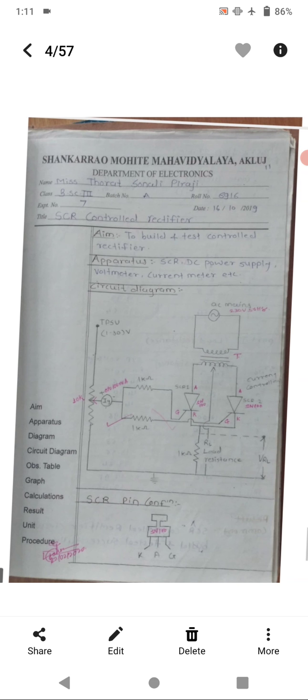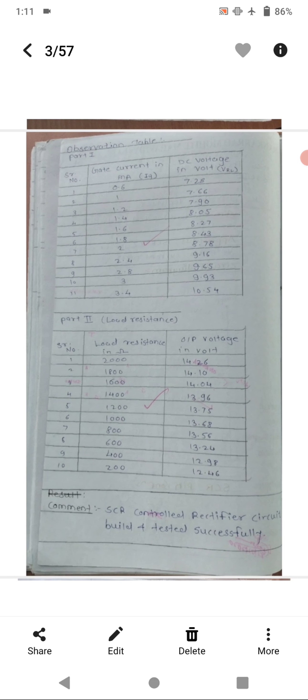In this resistance box we remove the resistance keys one by one for different resistances, and across the resistance box we observe the output voltage in volts.